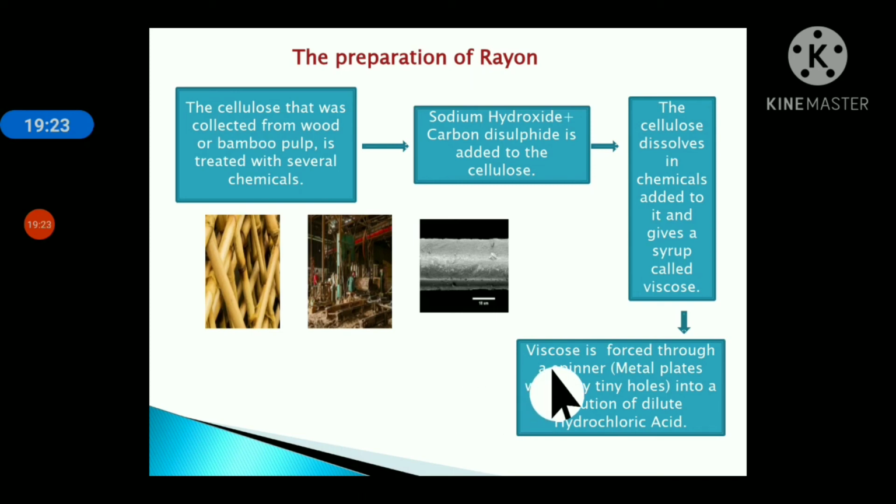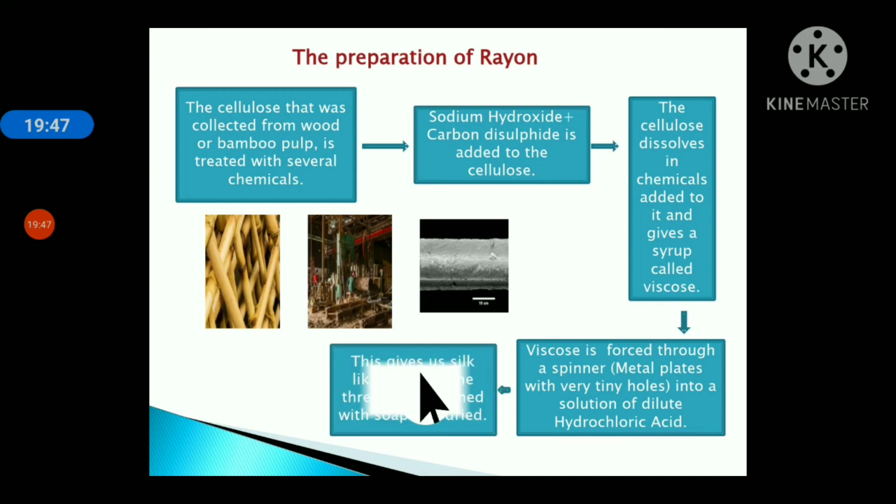So the viscose is forced through the spinner and enters the dilute hydrochloric acid. This gives us silk-like threads. The threads are cleaned with soap and dried.